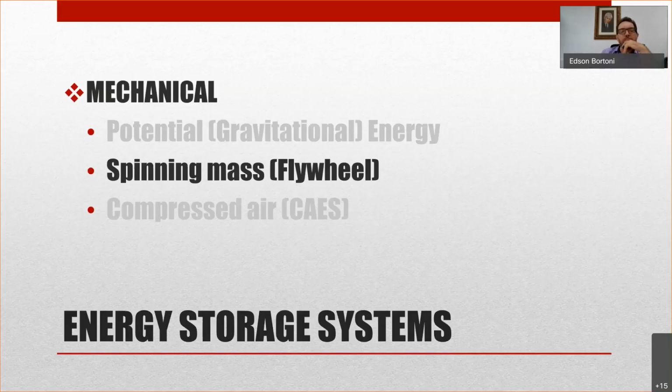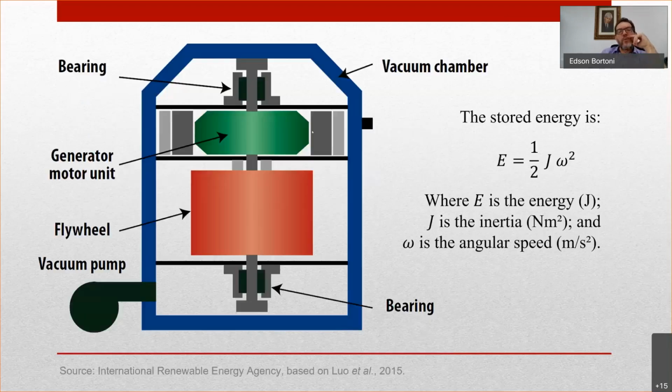Spinning mass, flywheels, né? Then the energy is stored using this equation, half of inertia times the square of the speed. So you can spin this strong mass at a high speed and save energy.